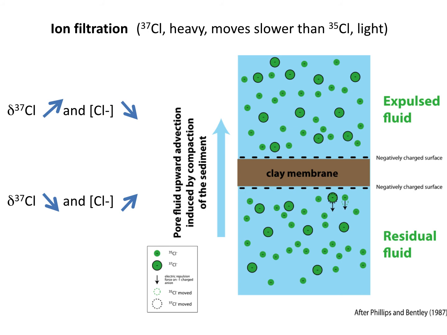As a result, the 37 chloride would have a better chance of passing through the membrane. Globally, the chlorides would be enriched upstream of the membrane.